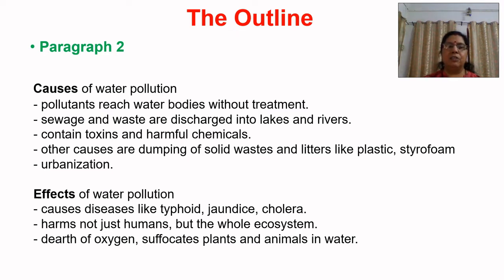Other causes are dumping of solid waste and litter like plastic, styrofoam, and another point, urbanization. Now dear children, here you need not take all the points and load your paragraph with too many ideas. You just see that your paragraph contains 2 or 3 points, 2 or 3 ideas, not more than that.